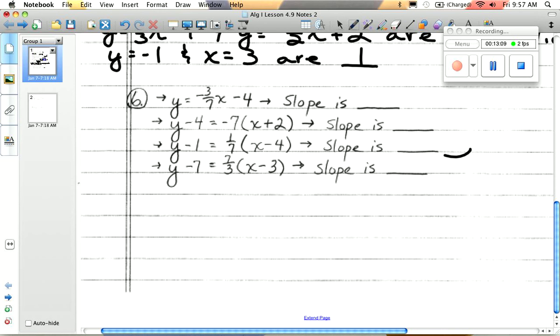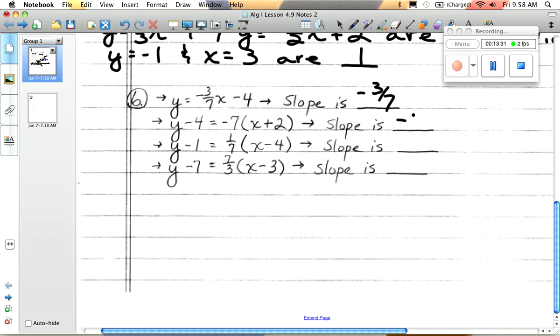Like, let's look at number 6 here. Look at our first one. Can we identify the slope from it? What is it? -3/7. Look at the second one. Can we identify the slope from it? -7.